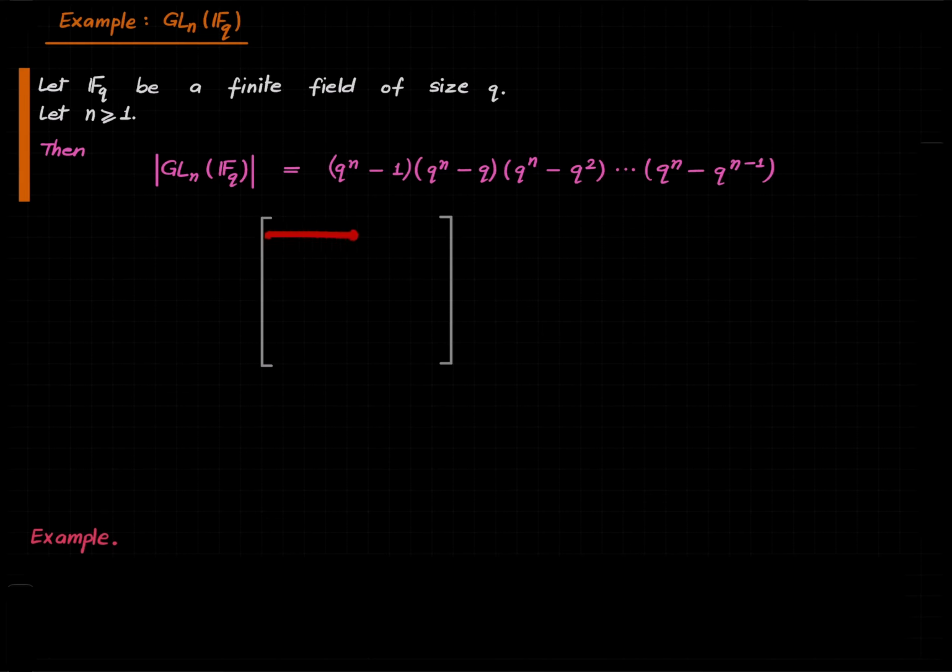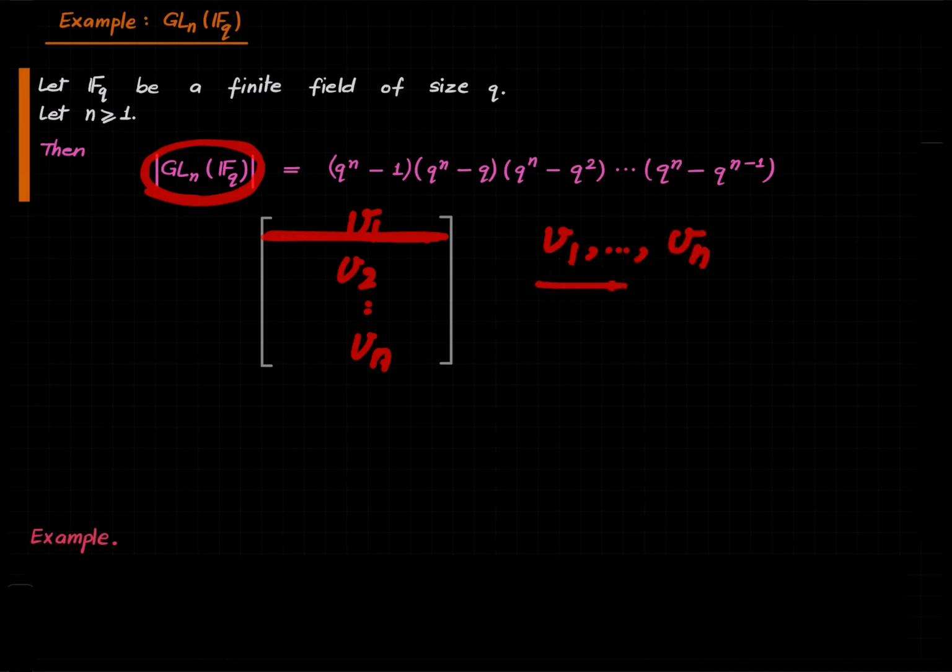We need to put vector V1 here laid out in its coordinate form, V2 up to Vn, such that they are linearly independent, and this is exactly the way to build an invertible matrix of size n cross n over F_Q. So the problem of finding the size of this group is exactly the problem of finding n linearly independent vectors. How many such lists are available where V1 up to Vn are linearly independent, and where the order matters?